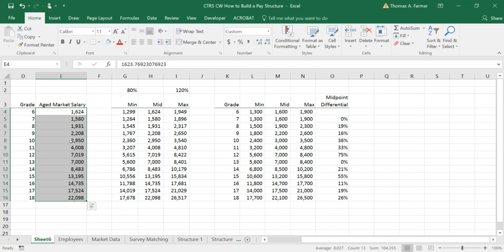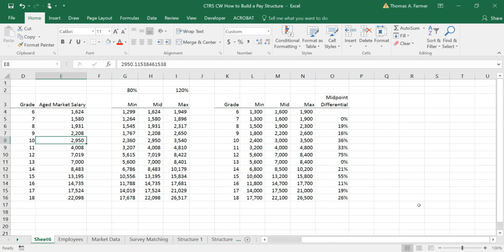So you can say for any grade, the midpoint is a direct reflection, only different because it was rounded. It's a direct reflection, however, of the market value of the jobs that people are in, but it's weighted by the incumbents, as we discussed earlier. So it's very accurate in terms of reflecting the market value.